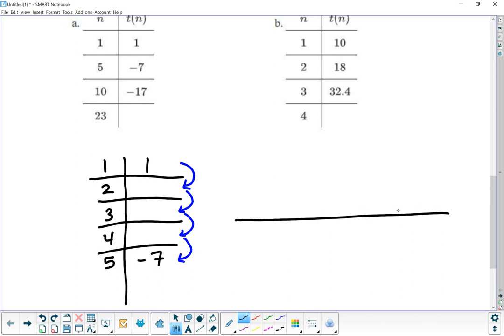Here's 0, here's 1, -1, -2, -3, -4, -5, -6, -7, right?